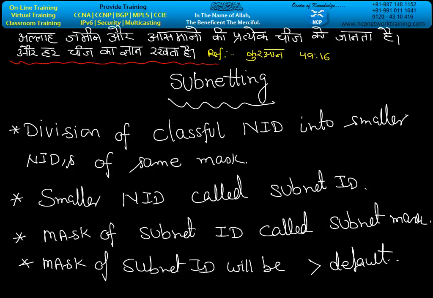The first line, division of classful NID. What is a classful NID? Classful means if a number belongs to class C having the masking 24, we call it classful. A number belonging to class B with 16 bits is classful. A number belonging to class A along with an 8-bit mask, the default mask, is known as classful.